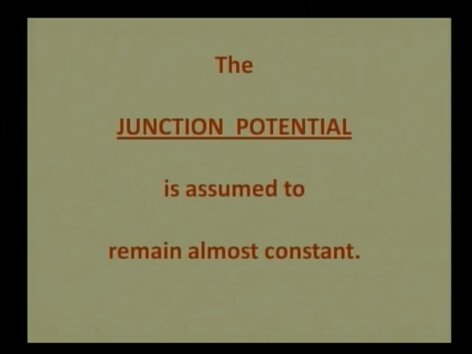Now, the junction potential is assumed to remain almost constant. The indicator electrode is one point, the reference electrode is another point, and the third point is the junction potential. Whatever KCl solution we use as a junction, the KCl junction itself has a very low potential.